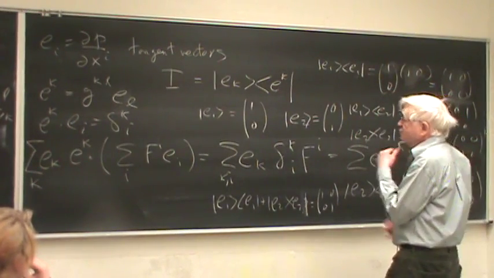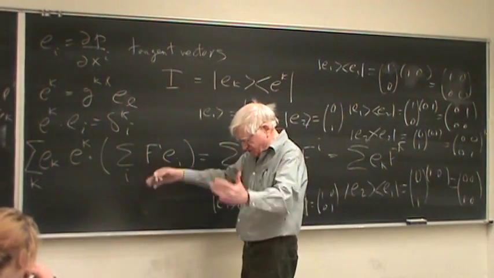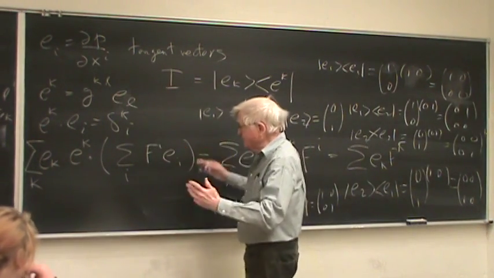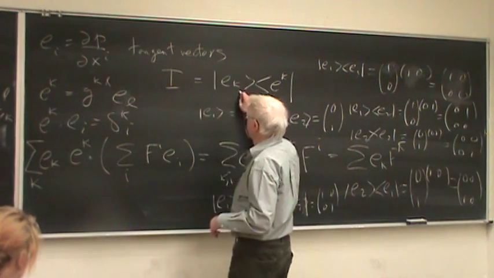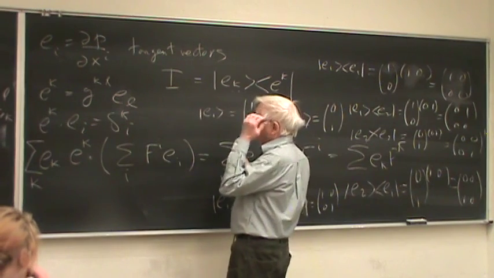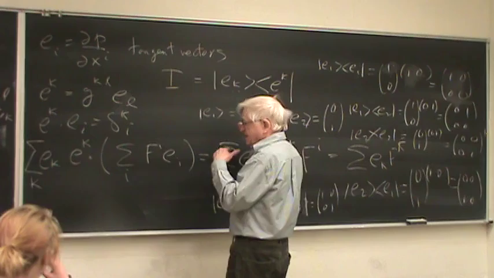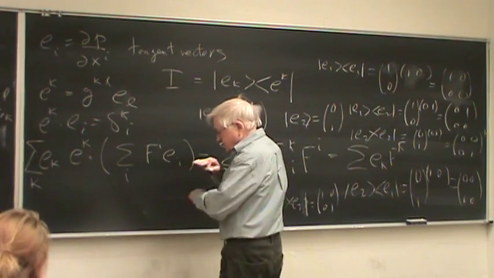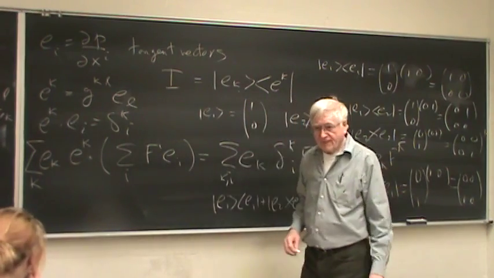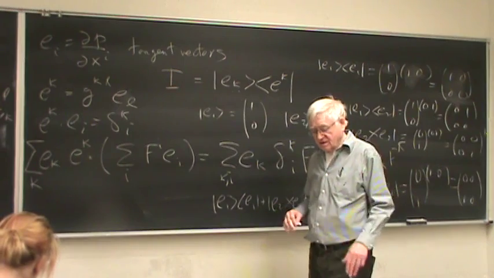Now, in general, if these are tangent spaces of some sort of a space or surface in a higher flat space, then this thing is an identity operator in the tangent space, or equivalently, it's something that projects an arbitrary vector down into the tangent space, the space of vectors that are tangent to the surface.